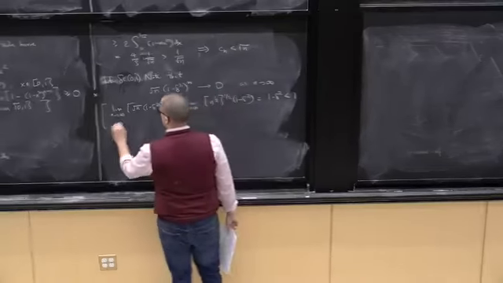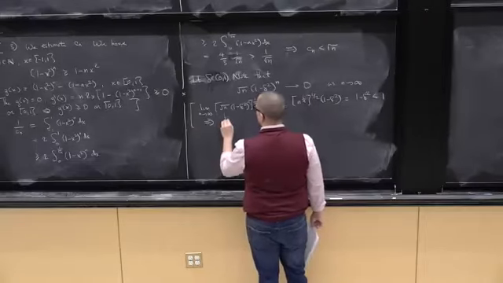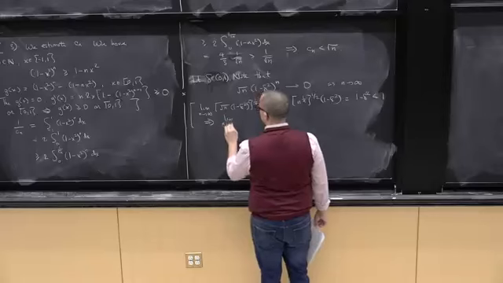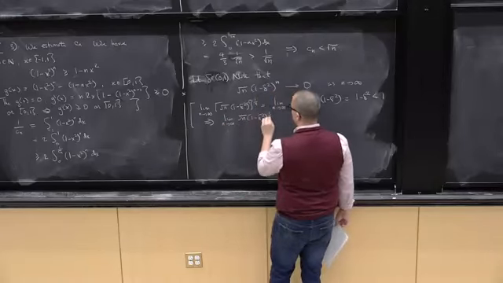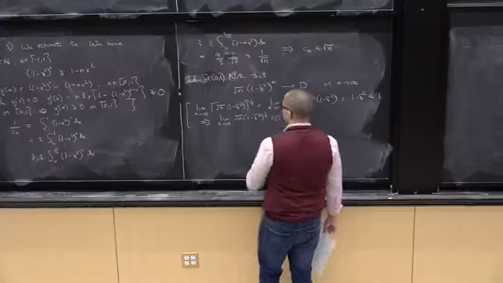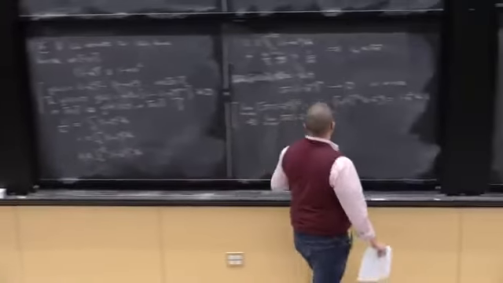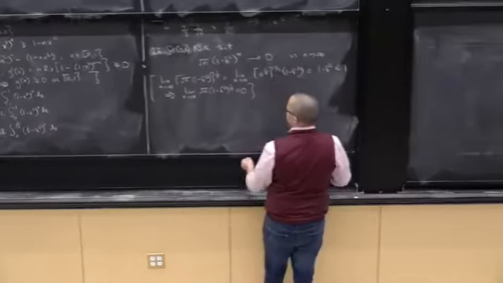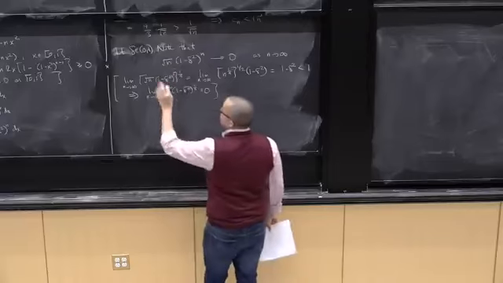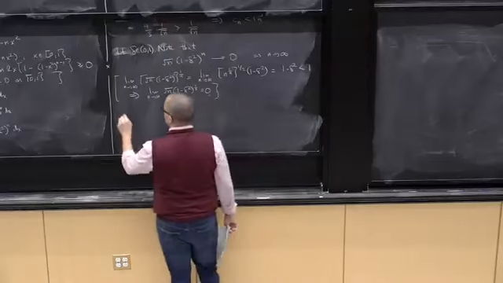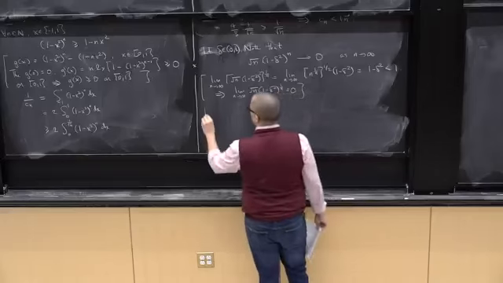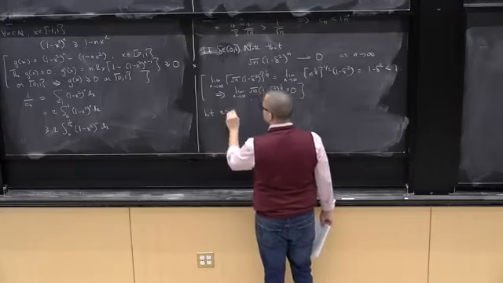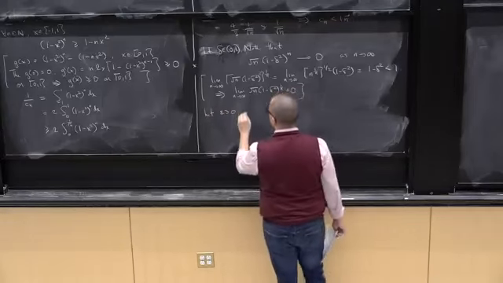So the limit as n goes to infinity equals 0. Now we have this, and once we have this, we'll have what we want. So we want to prove uniform convergence on that set, so let epsilon be positive.